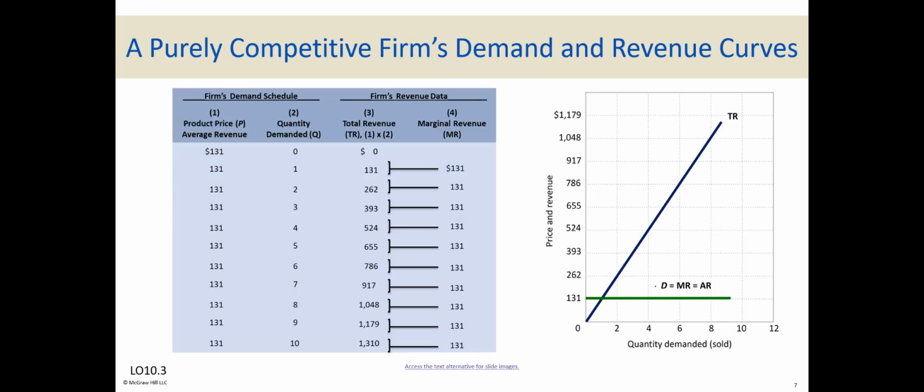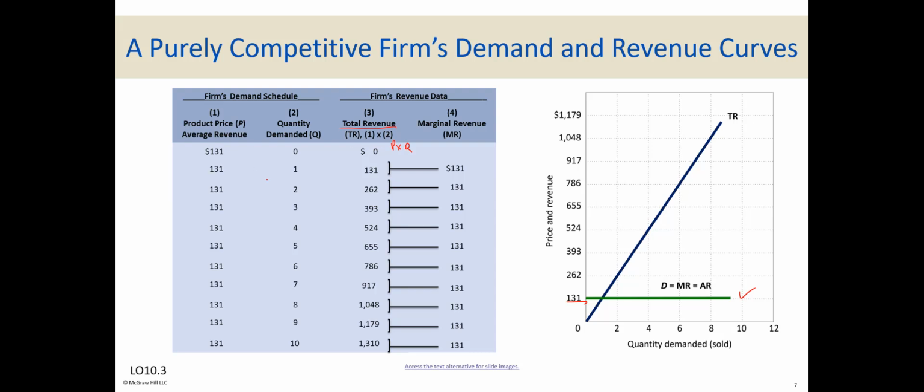In this graph, the demand curve D is a horizontal line, as you can see, and it's at the market price, which is $131, indicating the firm can sell any quantity at this price. The total revenue curve is upward sloping because each unit sold brings in $131. Total revenue is price times quantity.